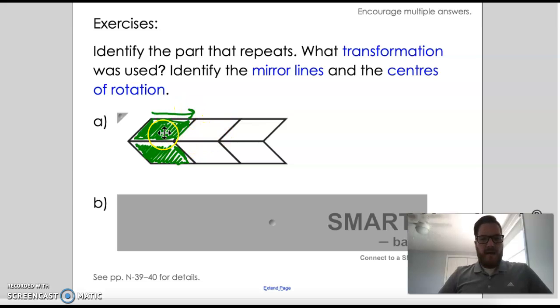You could also look at it that these three shapes are being reflected, and then this horizontal. Let me change color for a second to red. This horizontal line could be your reflection line. Okay, so like I'm saying, there could be more than one answer.